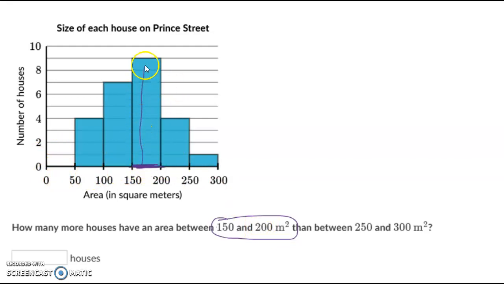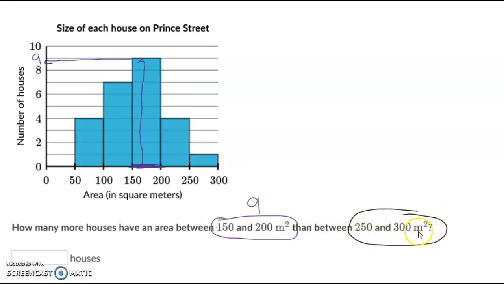So let's follow it on up and then follow it across, and it looks like it's right here. Although there's not a number there, sometimes they won't put all the numbers, it falls right in between 8 and 10. So that must be the number 9. So the last one is between 250 and 300.